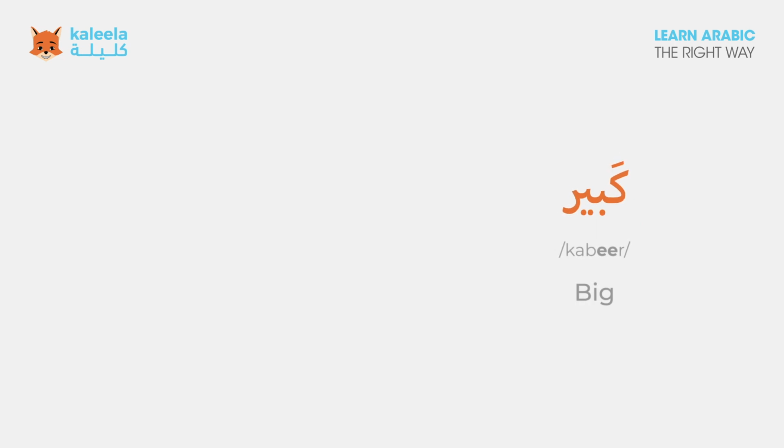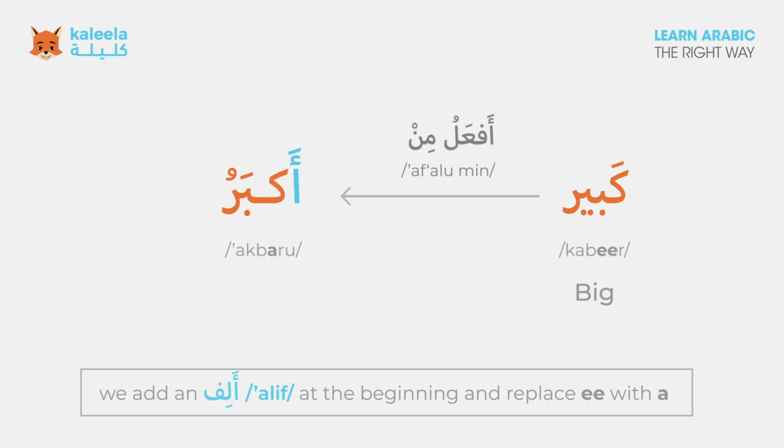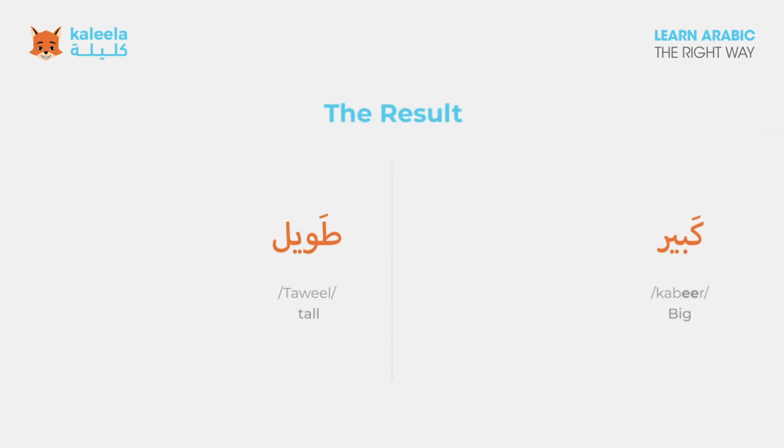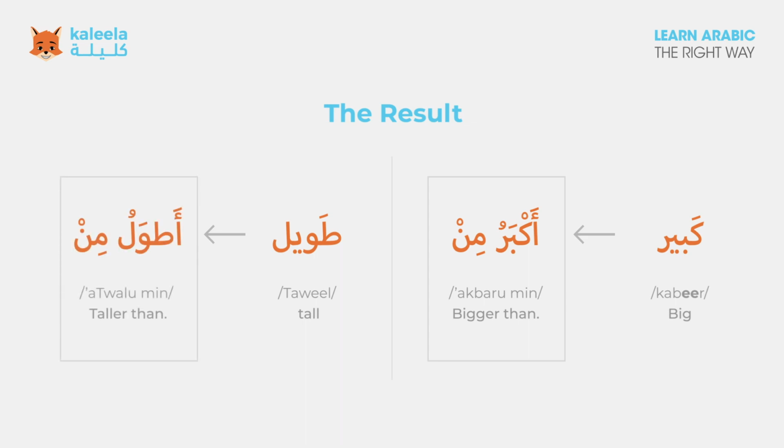In order to turn it into the comparative, we use the model أفعل, making it أكبر. Following that with من lets us know it's comparative. As a result, the comparative adjective of كبير is أكبر من, bigger than, and طويل أطول من, taller than.